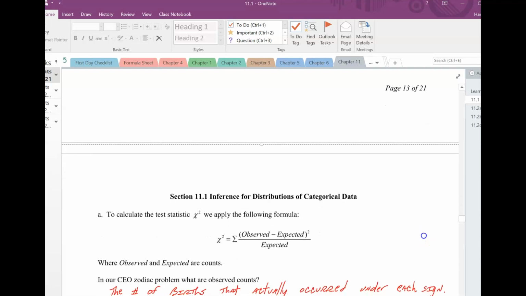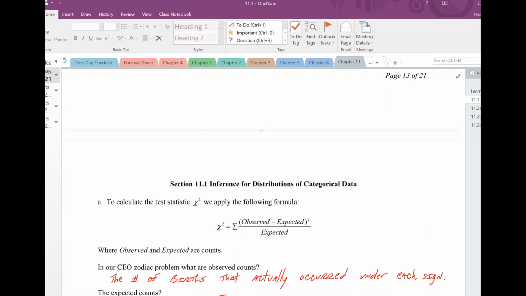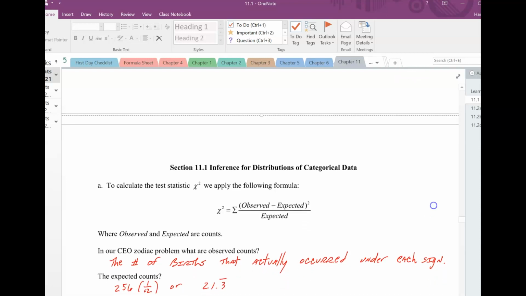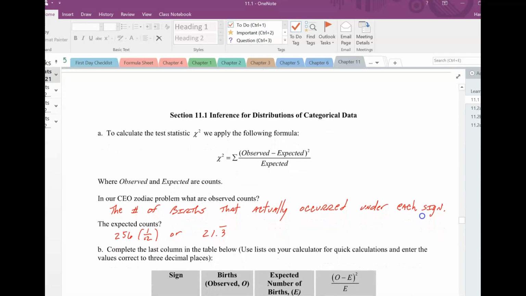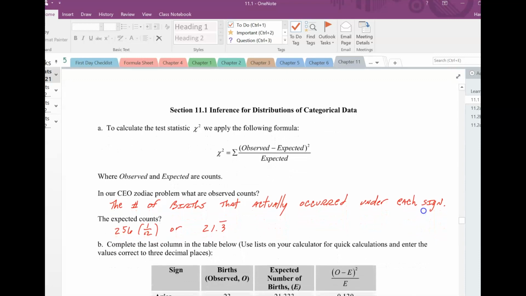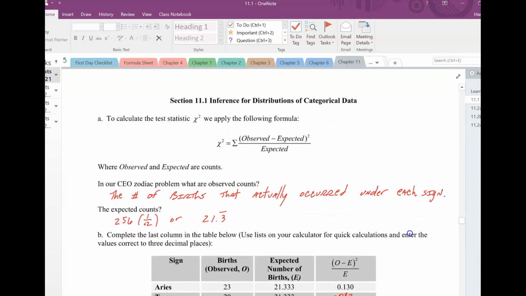So in the CEO zodiac problem, the observed counts are the number of births that actually occurred under each sign. The expected counts are what we determined, the 21.3 for each month. So in this table, it lays out all of the values. I'm only scrolling so far because I want you to fill some of these in.